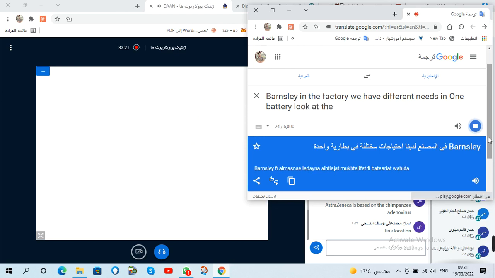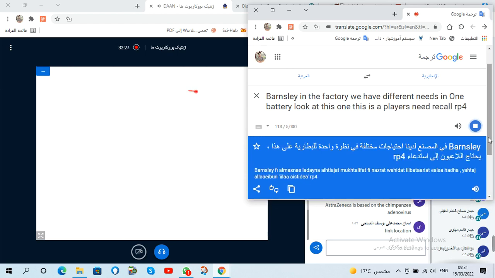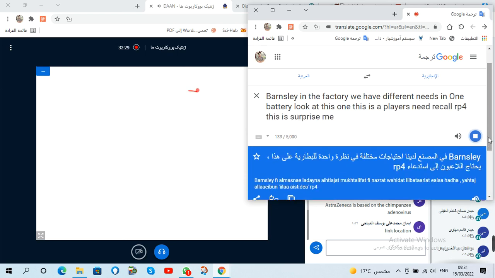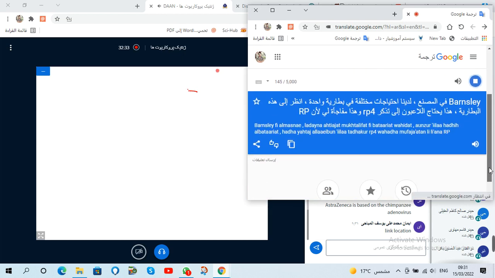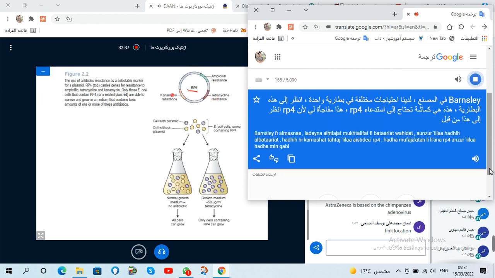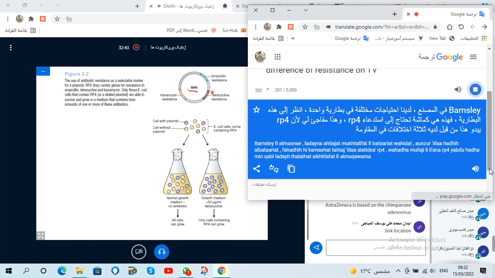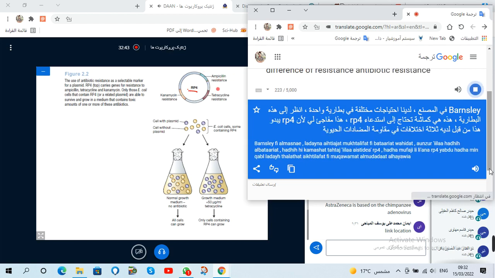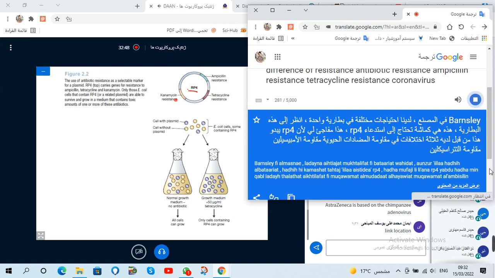Look at this one. This is a plasmid we call RP4. Look, this RP4 has three different genes of antibiotic resistance: ampicillin resistance, tetracycline resistance, kanamycin resistance.